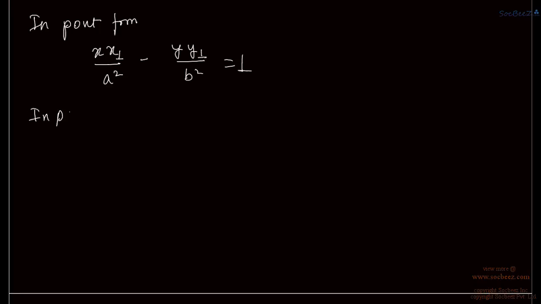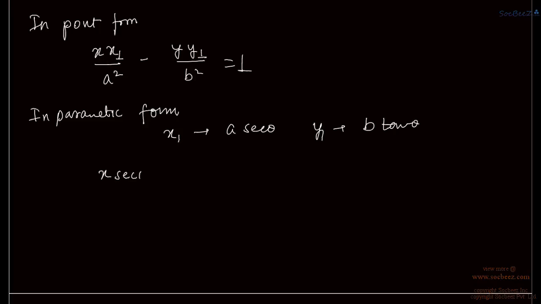And in parametric form, in place of x1 we substitute a sec theta and in place of y1 we substitute b tan theta, to get x sec theta upon a minus y tan theta upon b is equal to 1.